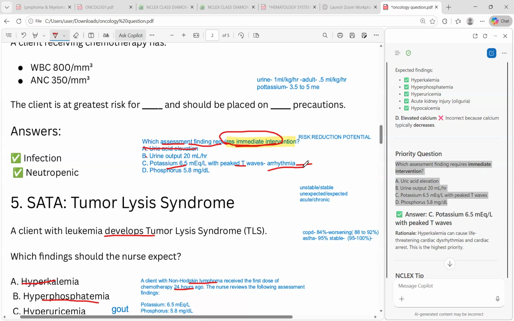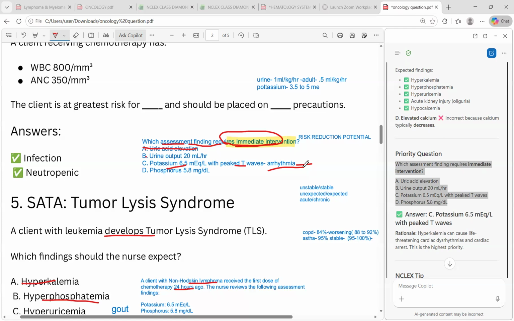In the NCLEX case study mostly they will give the normal values, but for potassium, that is the rare condition, we can memorize it. Sodium 135 to 145, potassium 3.5 to 5, like that. These are the simple ones, we can memorize them.